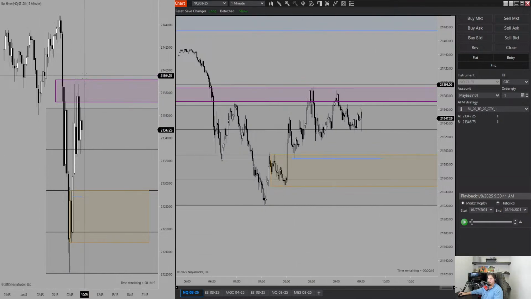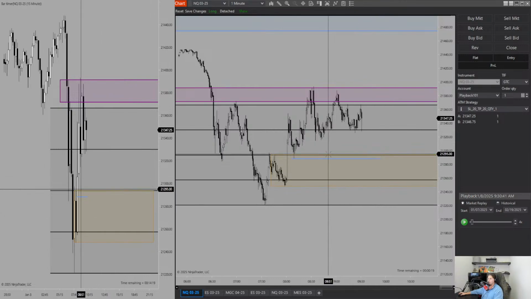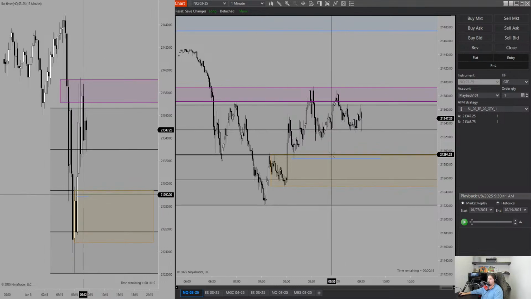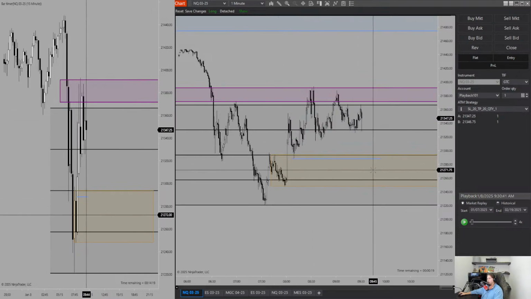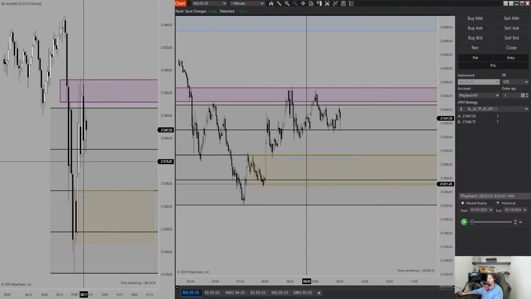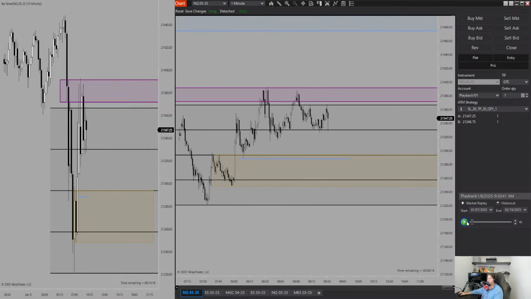And I guess from here now, like I said, if we move down into here, I guess we could bounce off this wick. It's the top of this order block. But I think a swipe of liquidity back in, boom, boom, up to this blue box, that would be the nice morning trade. So let's see if we get a move down here first.